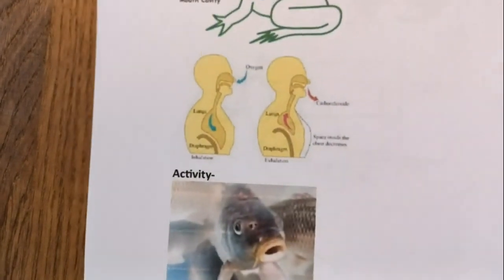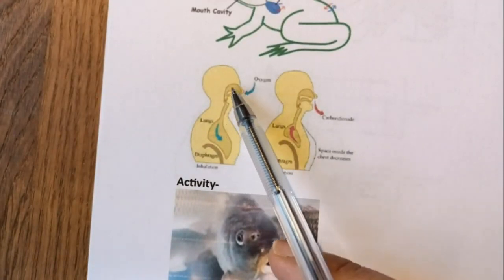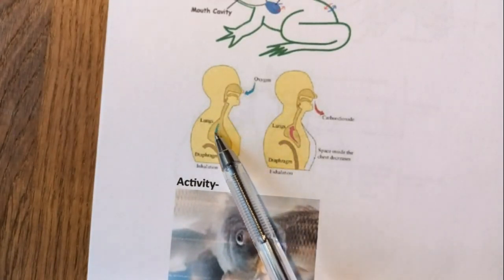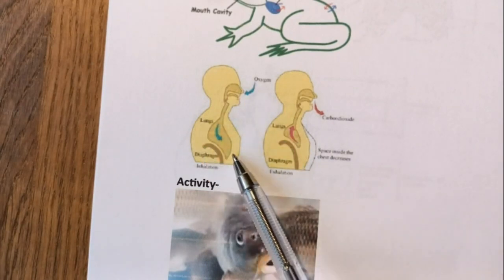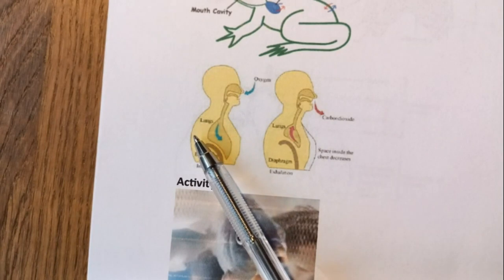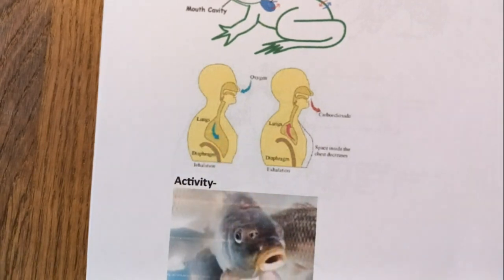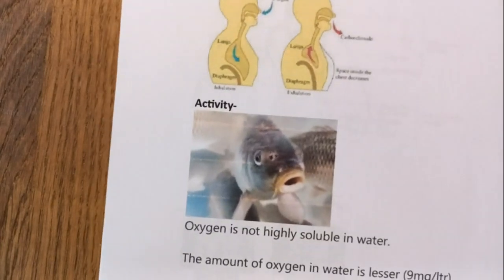Whereas in more advanced animals, there is a dedicated system of passages and tubes that connects the atmosphere with the lung, and in the lung there are various alveoli that are in contact with the blood vessels, and they act as exchange surfaces, and we'll look into more details in the end of this video.